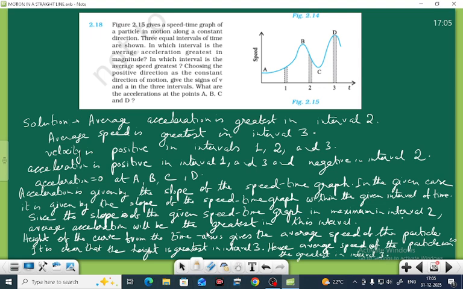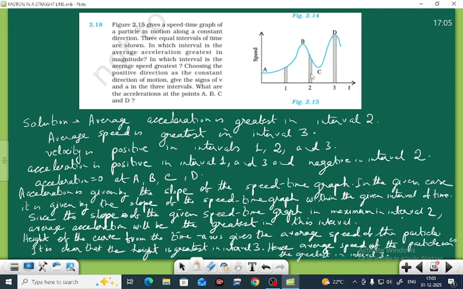So first of all, we find the slope. You can find that the acceleration is given by the slope of the speed-time graph. In the given case, it is the slope of the speed-time graph within the given interval of time. So the slope of the given speed-time graph is maximum in interval 2.